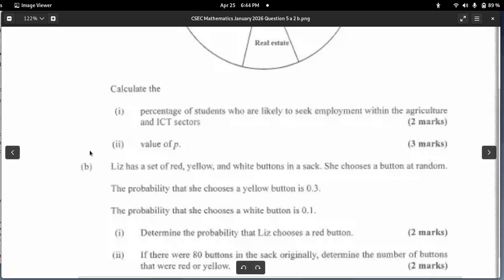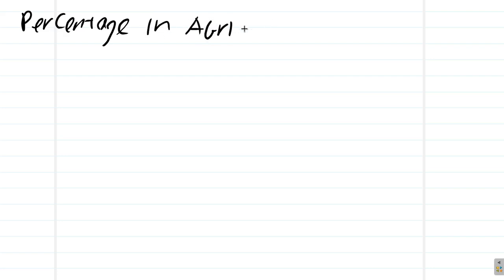Percentage in agri and ICT. Just make a note: percentage in agriculture and the ICT sector.